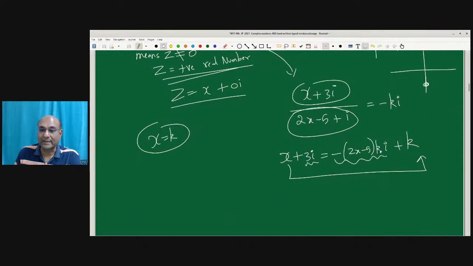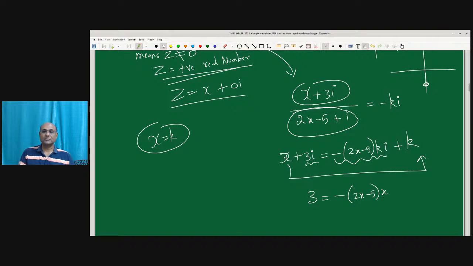So I should put x here. And so here 3 is equal to minus of (2x minus 5) into x. Because the real parts have to be equal, the imaginary parts have to be equal. If I had z, that was not possible. But because x is a real number, I can say real 3 times i, real times i. So the imaginary parts must be equal.